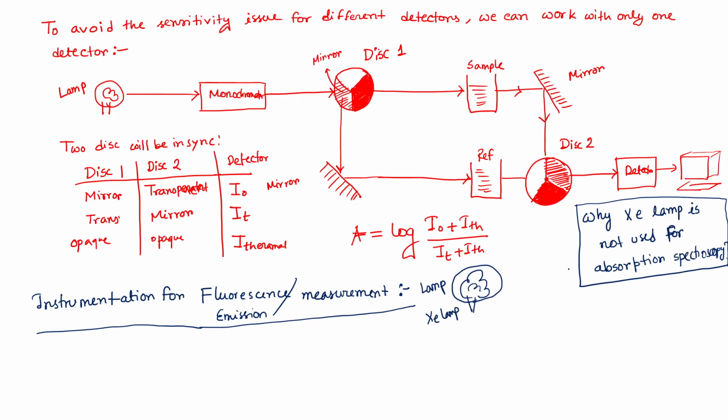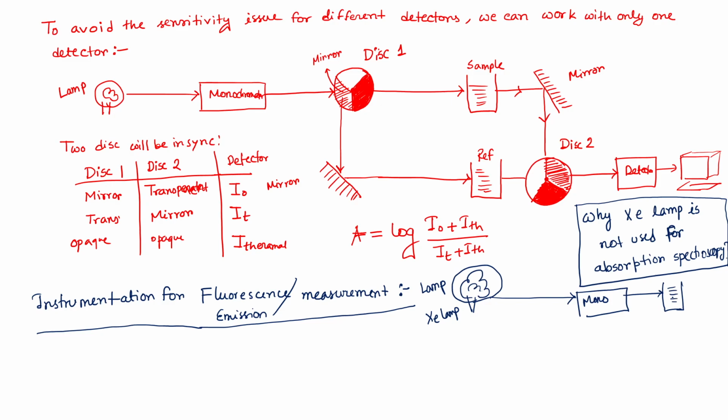So the xenon lamp. Let me give you a hint. The xenon lamp has a very high power. So polychromatic light will come again. We need a monochromatic excitation, so a monochromator is there. It will fall into your cuvette where our sample is.